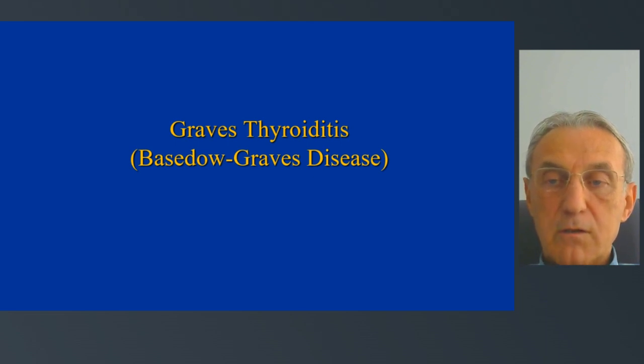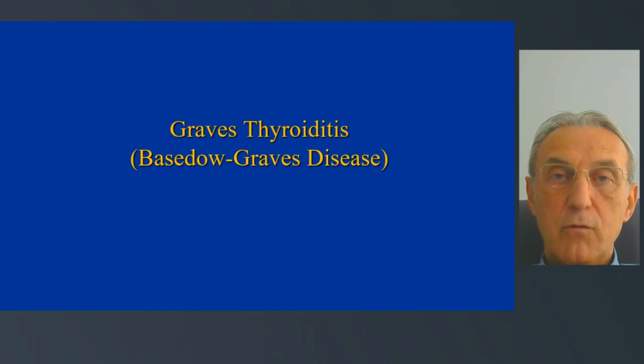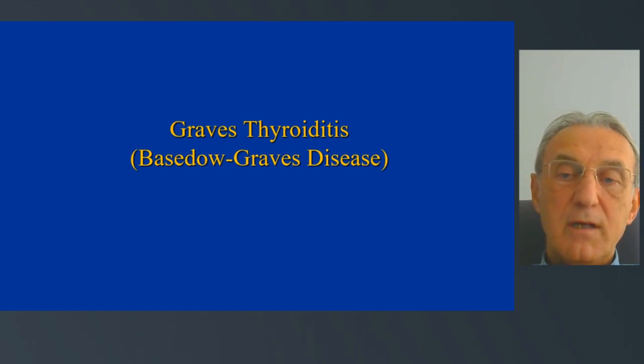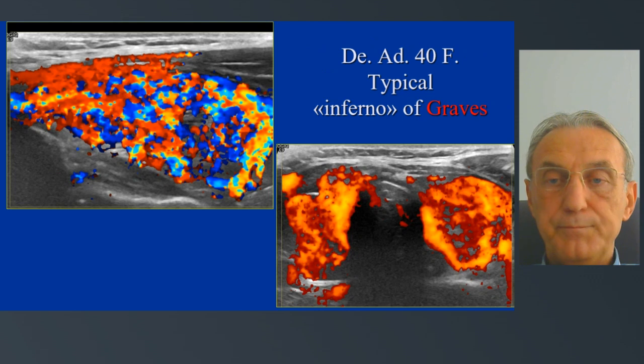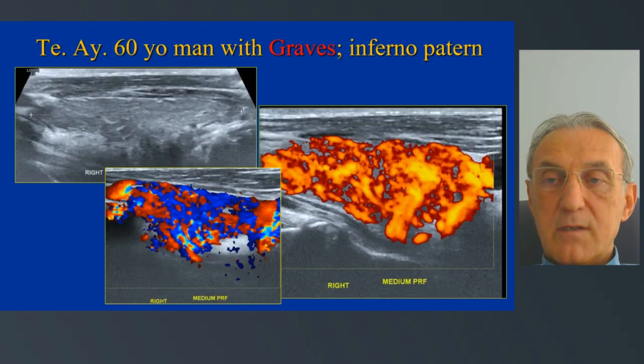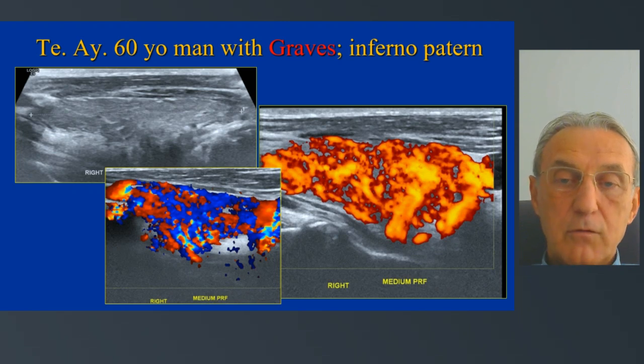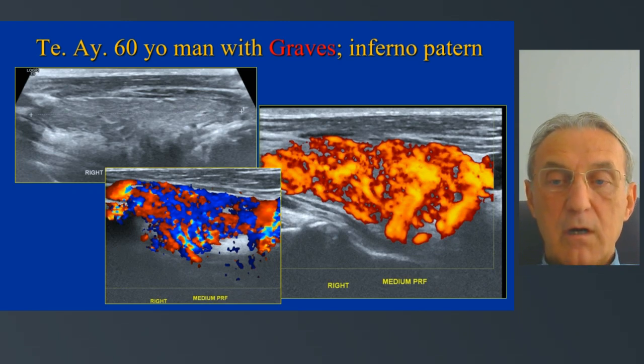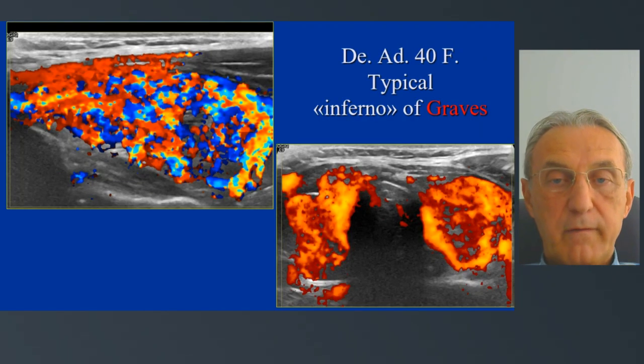Graves thyroiditis or Basedow-Graves disease is another thyroiditis which is less common than Hashimoto. This is a 60-year-old man with Graves disease. On grayscale we can see the heterogeneity, and by color Doppler and power Doppler you see how hypervascular the gland is. We call this the inferno pattern.